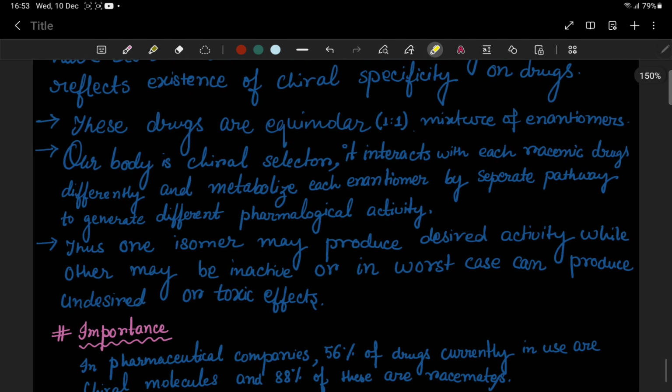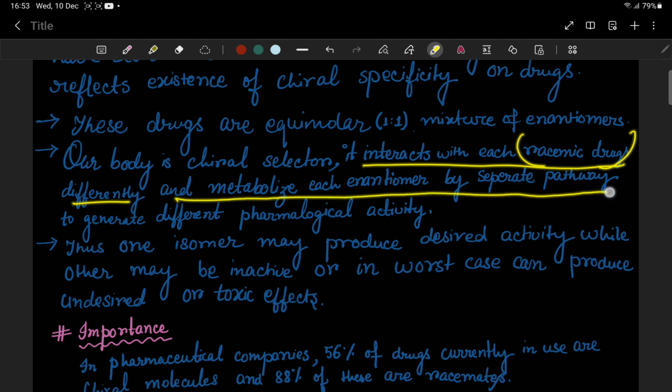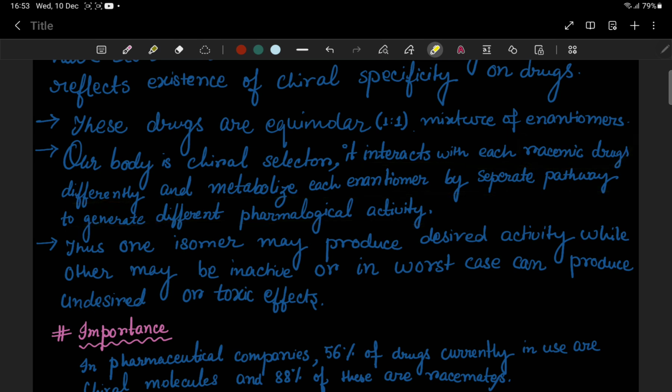And this kind of drugs are actually equimolar in nature, an equimolar mixture of enantiomers. Basically, what does equimolar mixture of enantiomers mean? That means we have a racemic mixture here. Our body is a chiral selector. It interacts with each racemic drug differently and metabolizes each enantiomer by a separate pathway to generate different pharmacological activity.